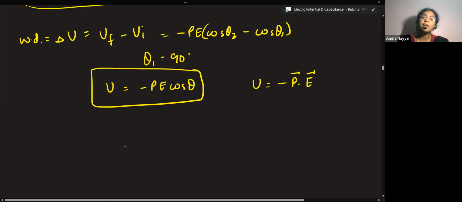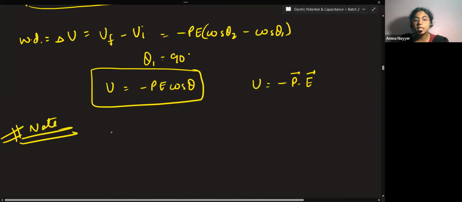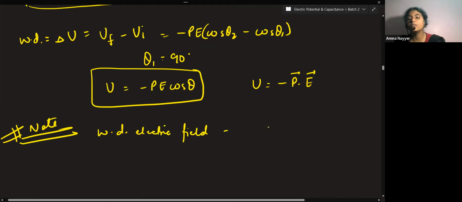One more thing we have done when we were discussing electric field also. You remember this point: work done by electric field. If the question asks you for work done by the electric field, then it will be the negative of the work done by the external force.